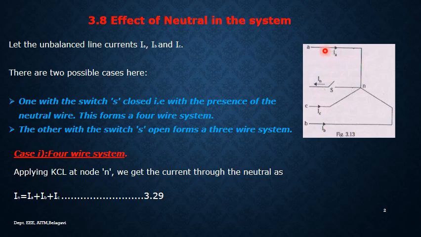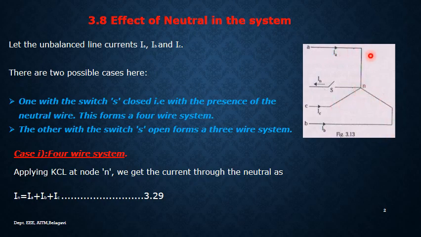For line A, line B and line C, each of the line currents is flowing towards the junction. The neutral current is going away from this junction, whereas the line currents IA, IB and IC are going into the junction.